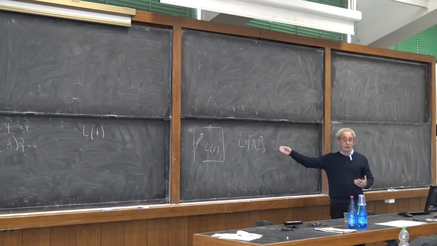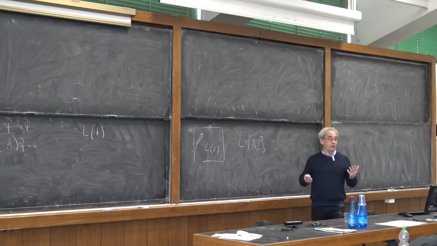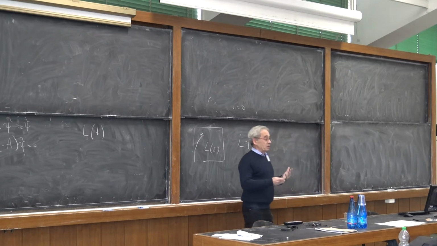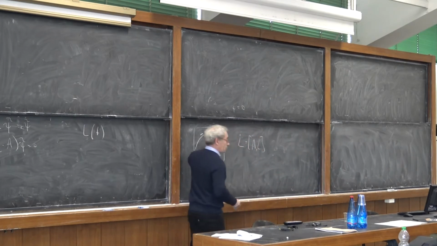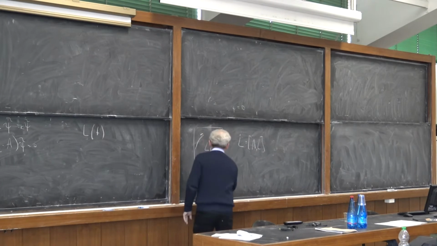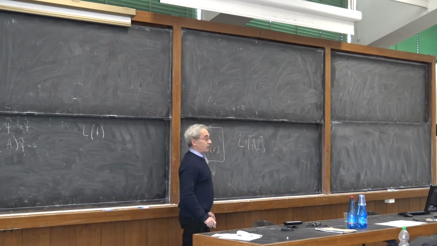Why are these equations Hamiltonian? So what does Hamiltonian mean? To begin with, we should define a symplectic form on our space.